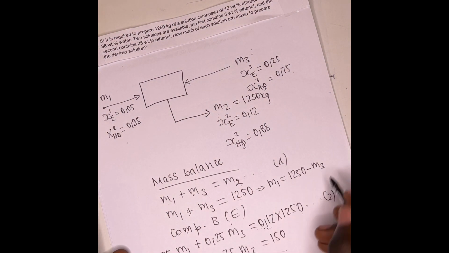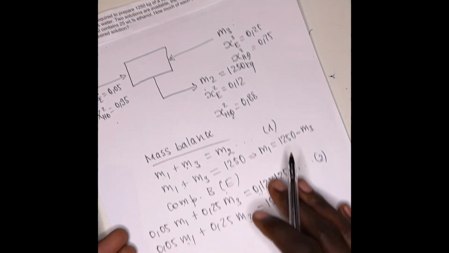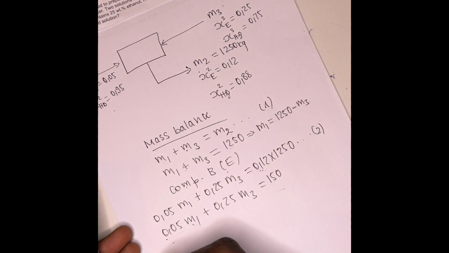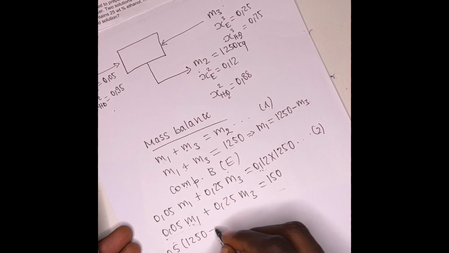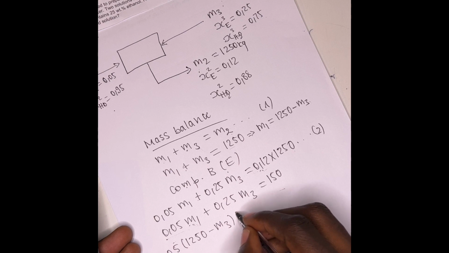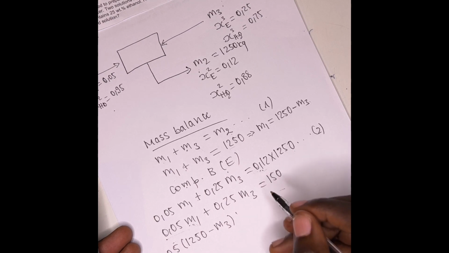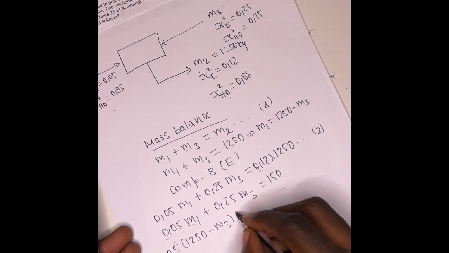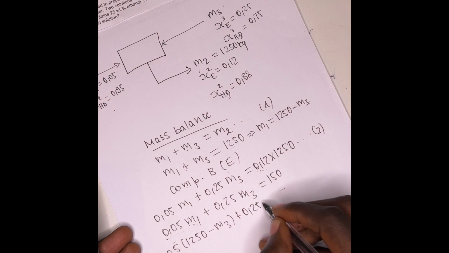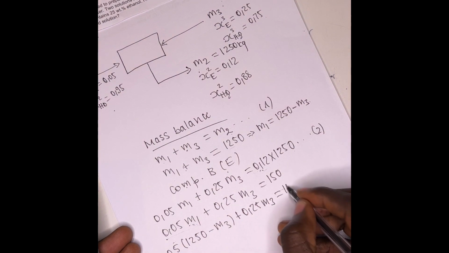Just take this one, and then in this equation, where there is M1, you plug it in. So this becomes 0.05 times the bracket, 1250 minus M3, plus 0.25 M3 equal to 150.